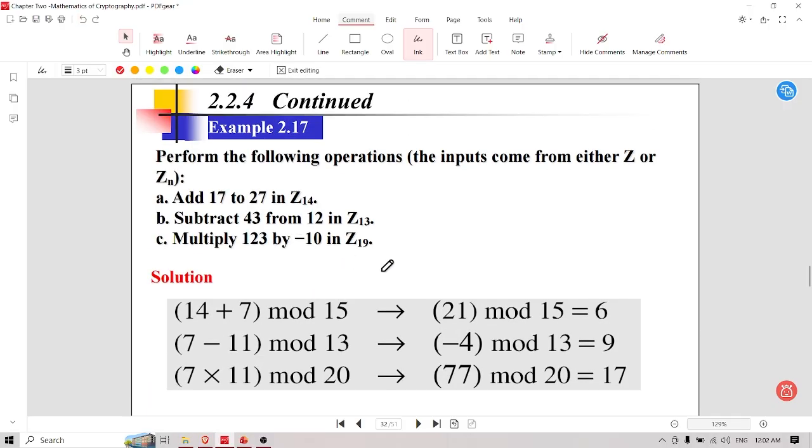In order to do that, we say 17 plus 27 mod 14. Now this would be 44 mod 14. Now just let me erase it. Now 44 mod 14.